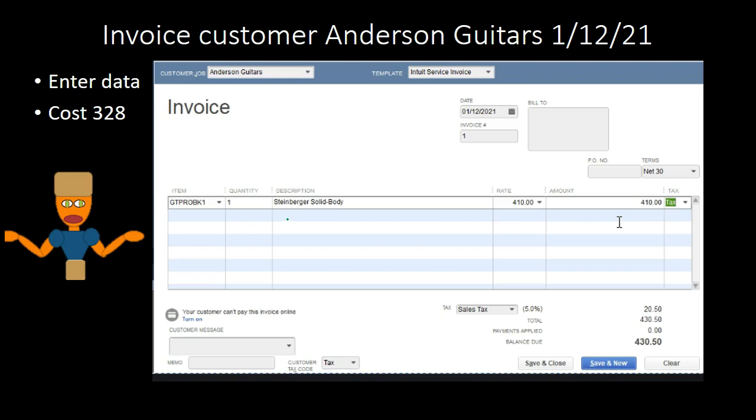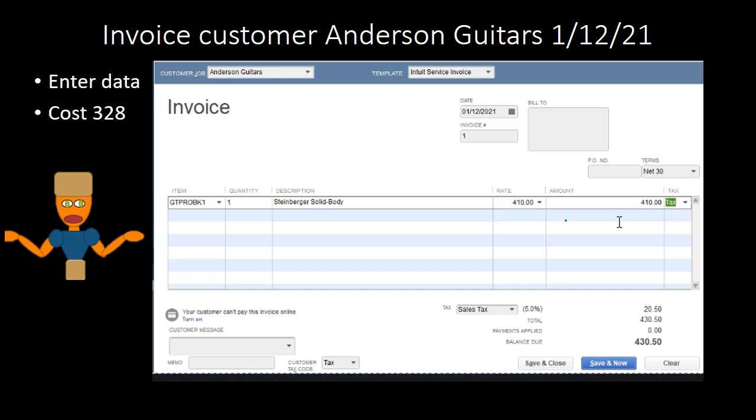The QuickBooks system, if this item has been set up correctly, will just draw out the fact that this is a Stanberger solid body guitar. The rate that we sell them for is $410, and the amount then is 410, which is 410 times 1.